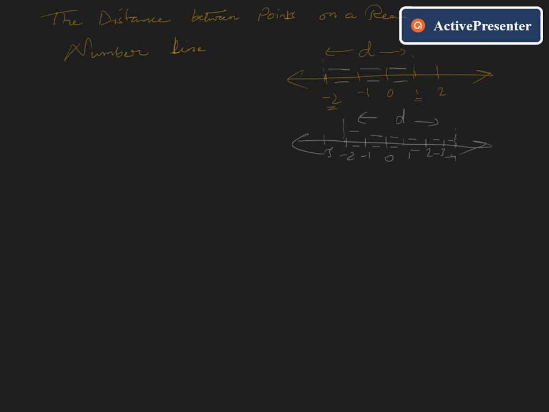This means the distance d between 4 and minus 2 is equal to the absolute value, because we always have a positive number, of the difference between the two numbers. So 4 minus the second number, which is minus 2. The absolute value of 4 minus negative 2, negative multiplied by negative is positive, so 4 plus 2. So the answer is 6.